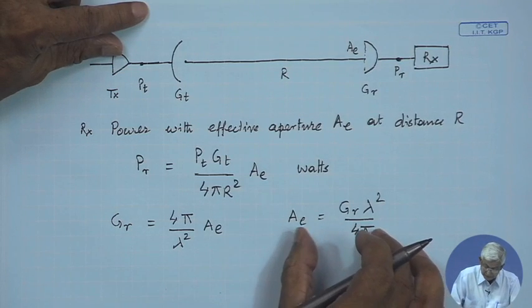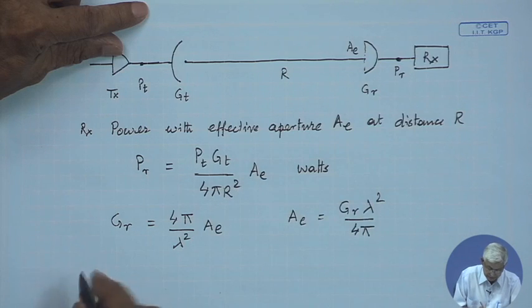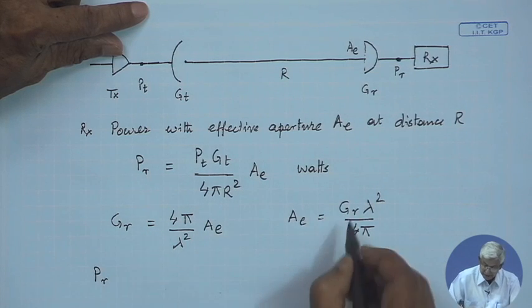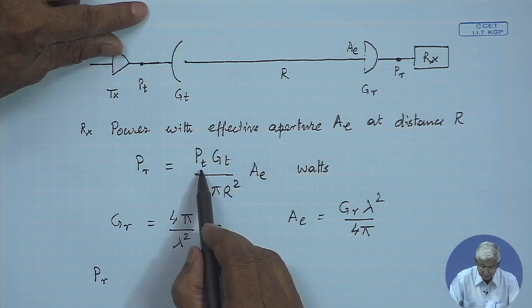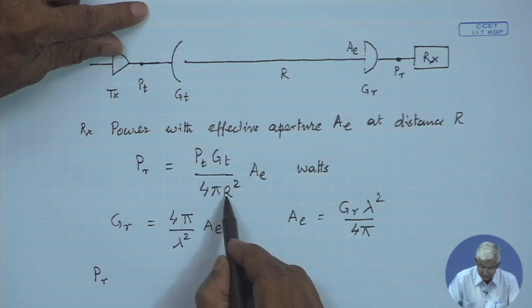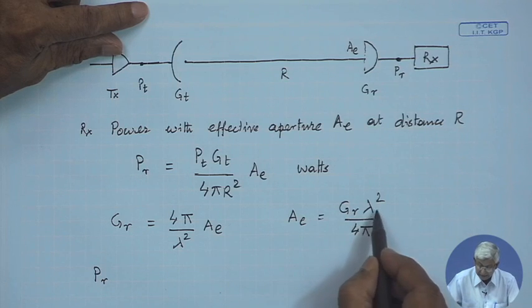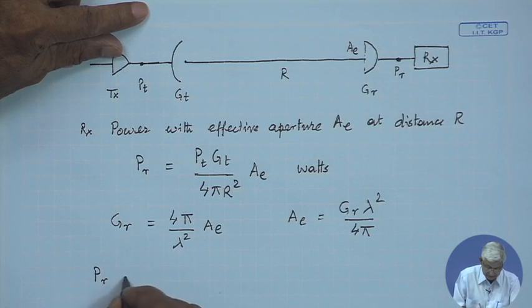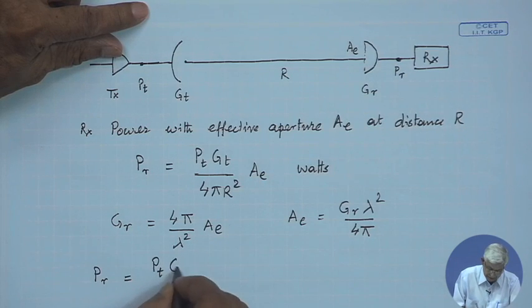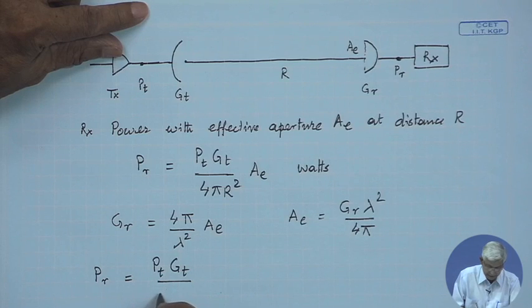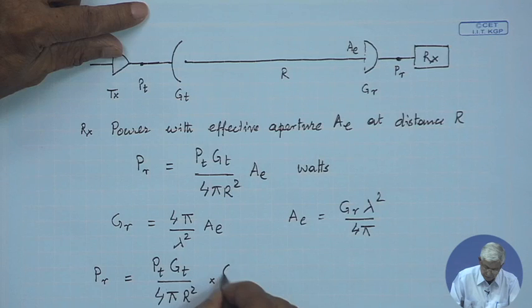So, this expression of effective aperture, if we put it here, then the received power will come in terms of transmit power, transmit antenna gain, the distance, the receive antenna gain, and of course, the frequency or the wavelength at which it is being transmitted. So, it can be expressed now like PT into GT by 4 pi r square into effective aperture, which is GR lambda square by 4 pi.